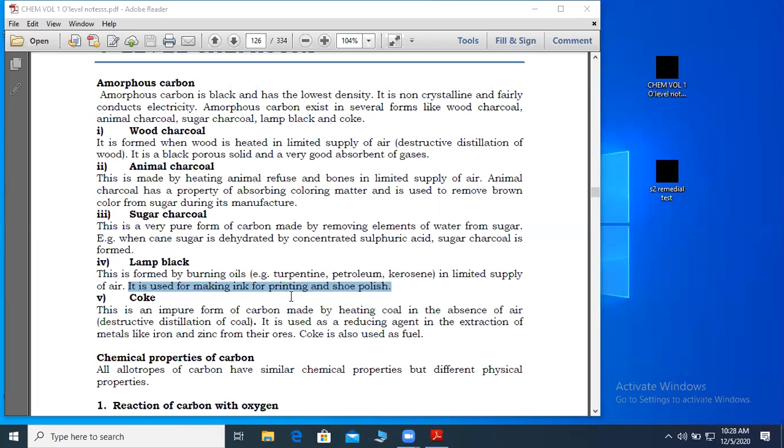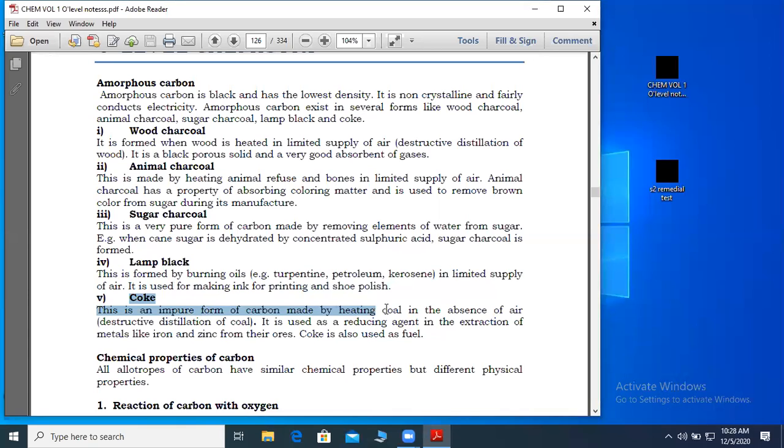So that carbon paper is also made from lamp black. So uses of lamp black, we are saying it is used to make shoe polish, used for making ink, printing ink, and used for making carbon papers. The last amorphous form of carbon is coke, and coke is the most impure form of carbon.